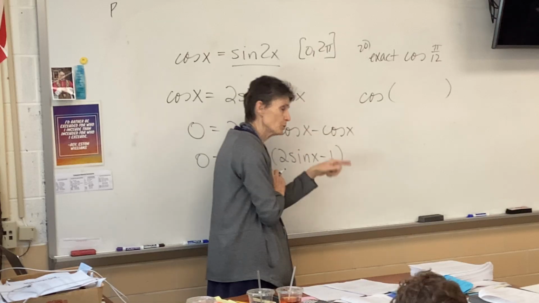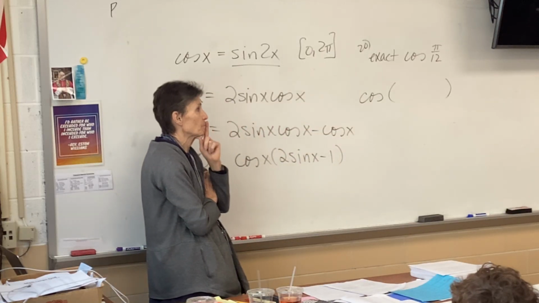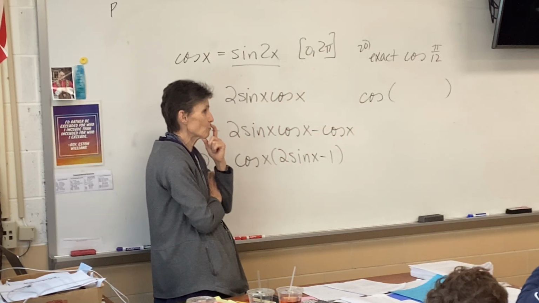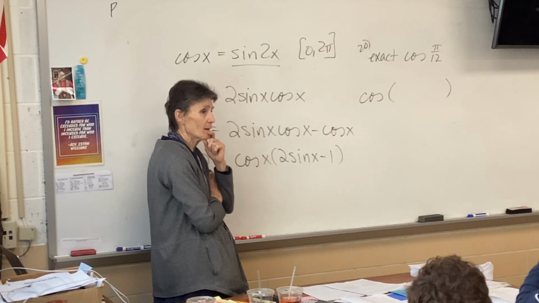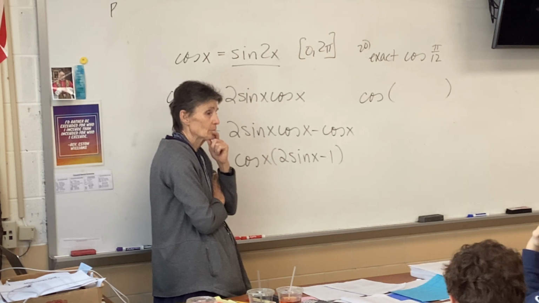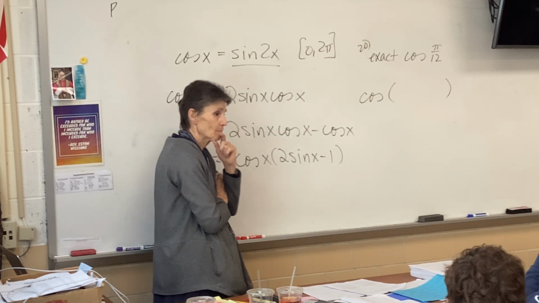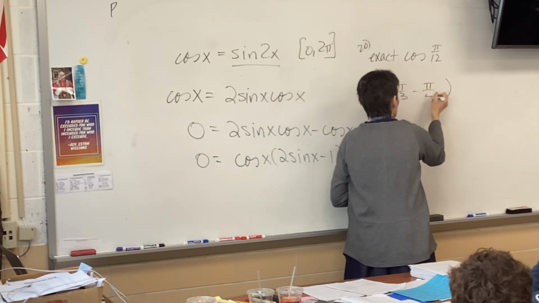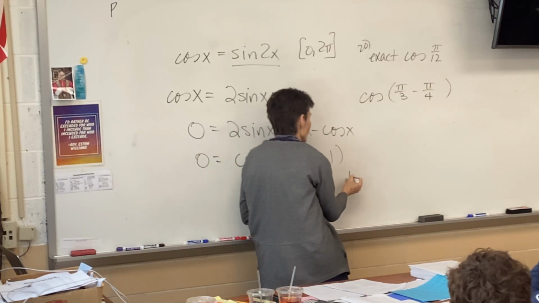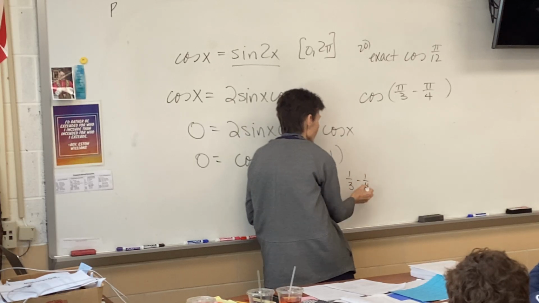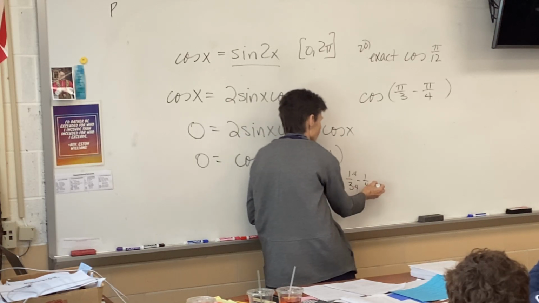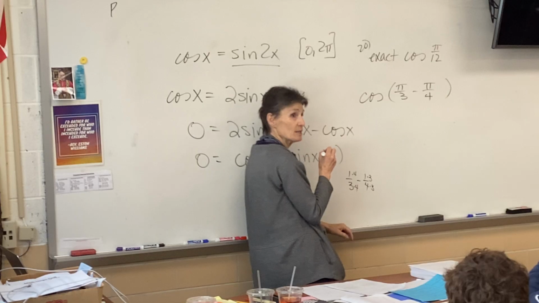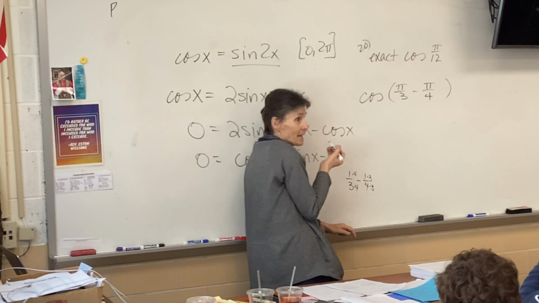Any two on the whole unit circle, any quadrants that would either add or subtract to give me pi over 12. Parker says pi over 3 minus pi over 4. Let's do a quick check. 1/3 minus 1/4. I think he's right. An option.